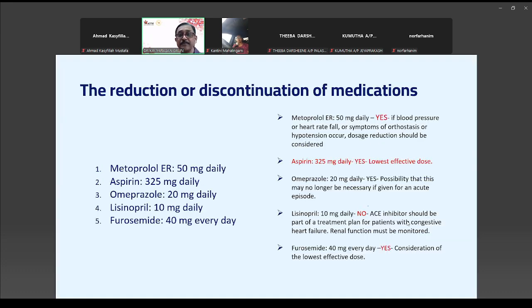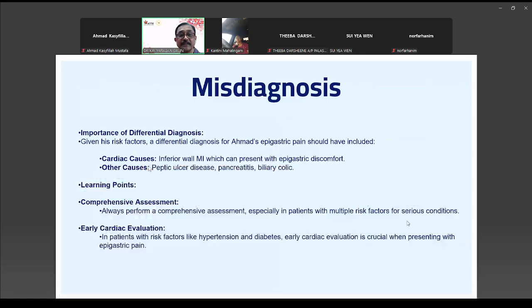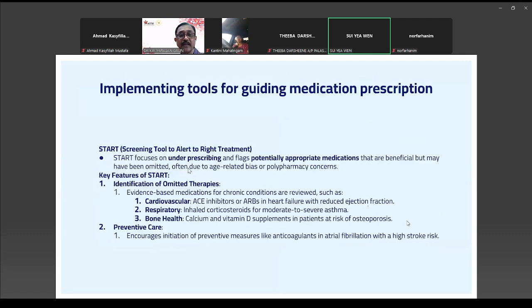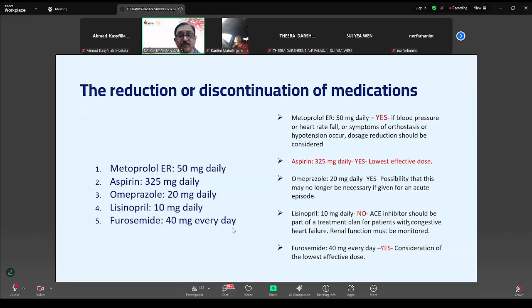Now coming to the patient, Sui Ya Wen, you are still not answering my question. Yes, doctor. Sui, you want to try? This 84-year-old man is on metoprolol, aspirin, omeprazole, lisinopril, furosemide. The blood pressure is 112 by 62, and he's on metoprolol, lisinopril, furosemide. Would you want to continue?